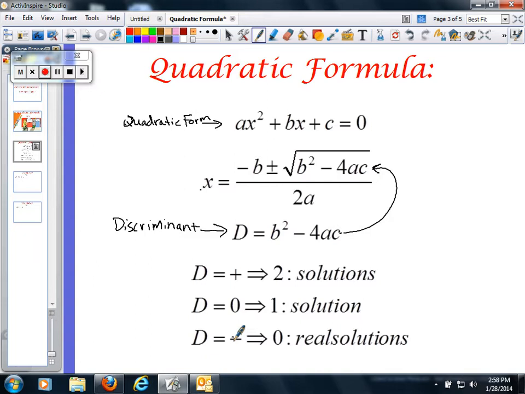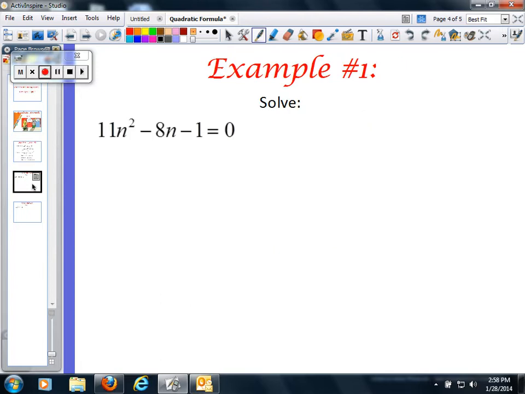Okay? So let's go ahead. Make sure you get this stuff written down. This will be important. So first thing I'm going to do is start by writing the values of A, B, and C. A is 11, B is negative 8, and C is negative 1. It's already in quadratic form. So now I'm going to do my quadratic formula.